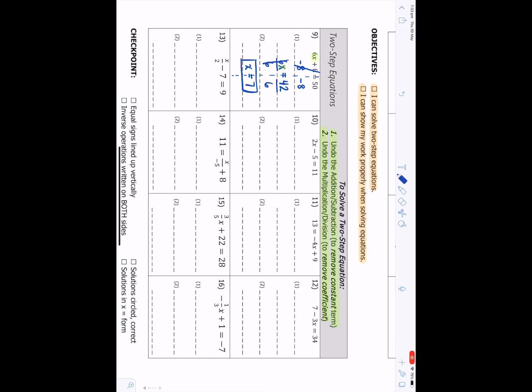Let's try the next problem. I'll start by drawing my line down the equal sign to help me keep my equations lined up. And I'll start by identifying where the pronumeral is at. It's on the left side of the equation. I also have a 2 and a minus 5. I need to work my way from furthest away from the pronumeral closer in.